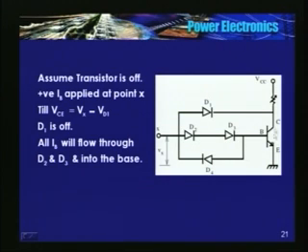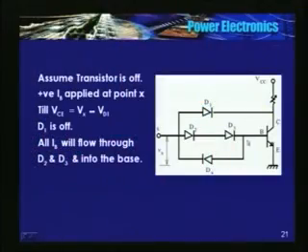The transistor is trying to go into saturation, Vc is trying to fall. The moment Vc is trying to fall, D1 turns on and diverts some of the base current. So the base current gets diverted, and therefore this transistor cannot enter saturation. That is how this Baker clamp works.